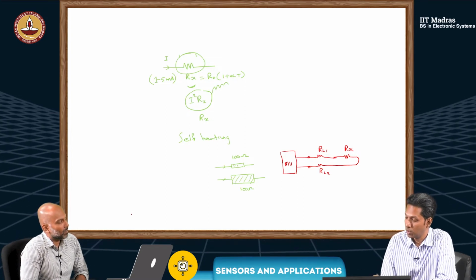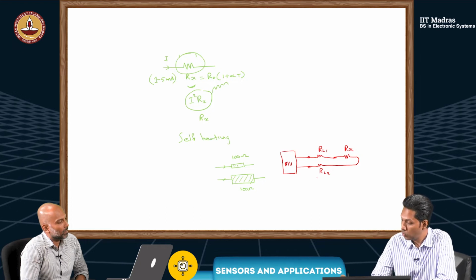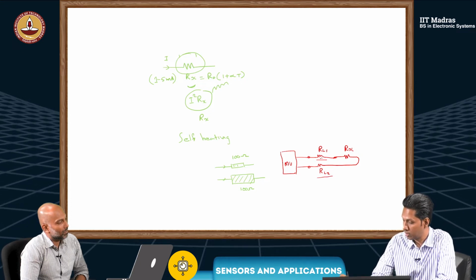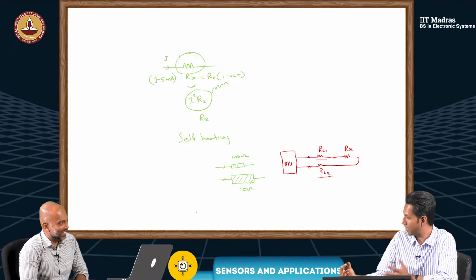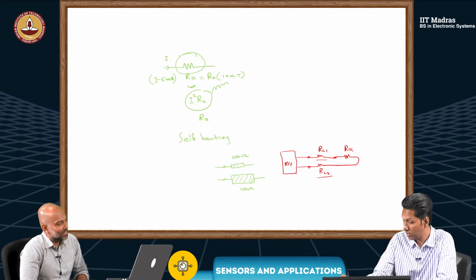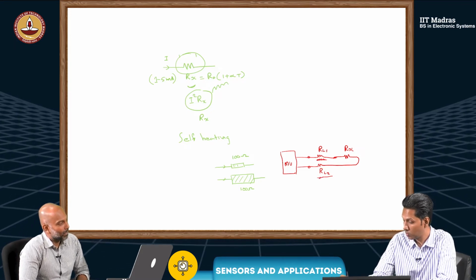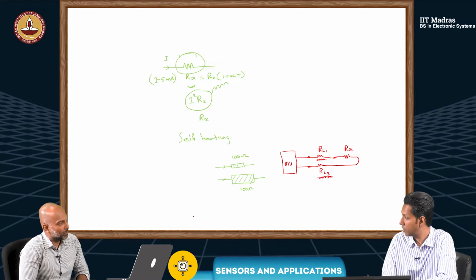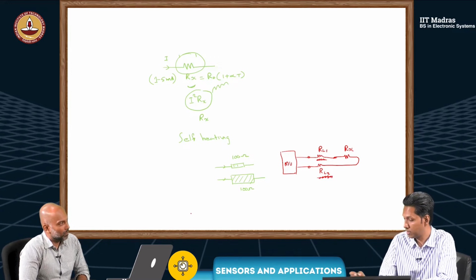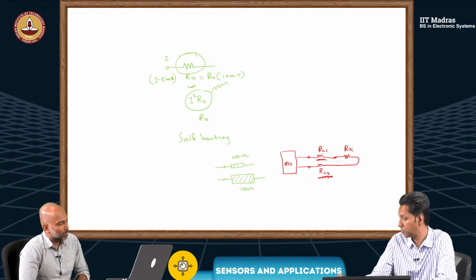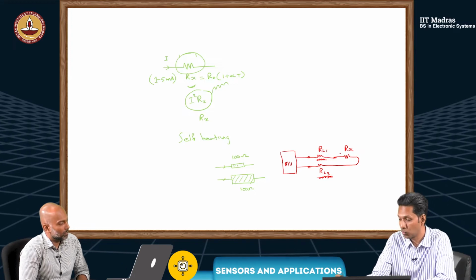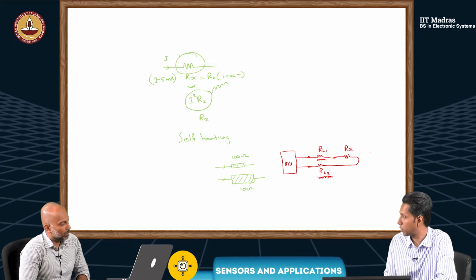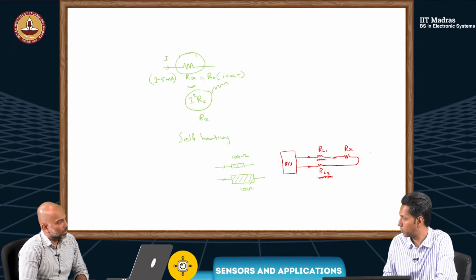Also, if these lead wires are exposed to temperature, that will also change. This can introduce a large amount of error if the lead wire resistance is exposed to temperature and is similar in range of value to RX. Otherwise, it can be a big problem.